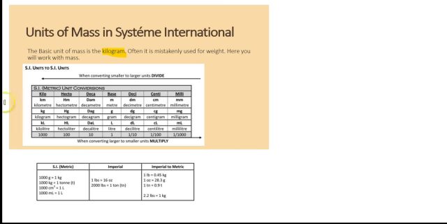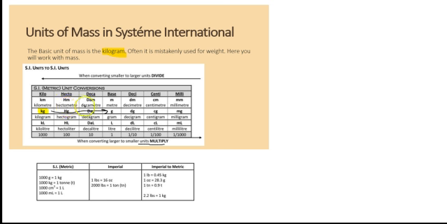On this metric chart, our kilograms sits here. And as I'm converting to smaller units, I move down, so I'd be going down this way. And if I'm going down this way, I multiply. And each box I move is a multiple of 10.